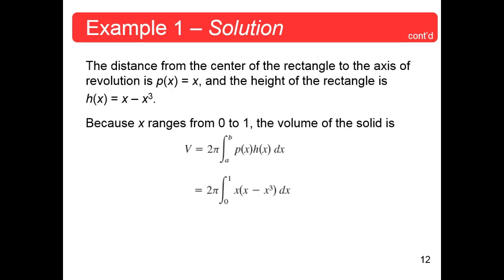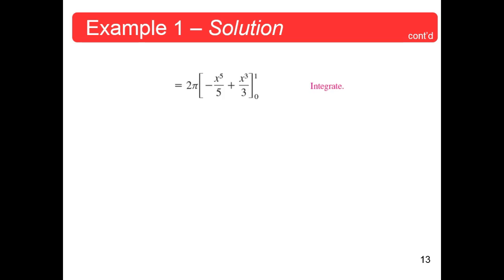2 pi times the integral from 0 to 1 of x times x minus x cubed, radius times height times thickness, and that gives you, oh, I would really like putting the minus x to the 4th in front. I don't know why. That gives you minus x to the 5th over 5 plus x cubed over 3, which isn't particularly helpful in my book.